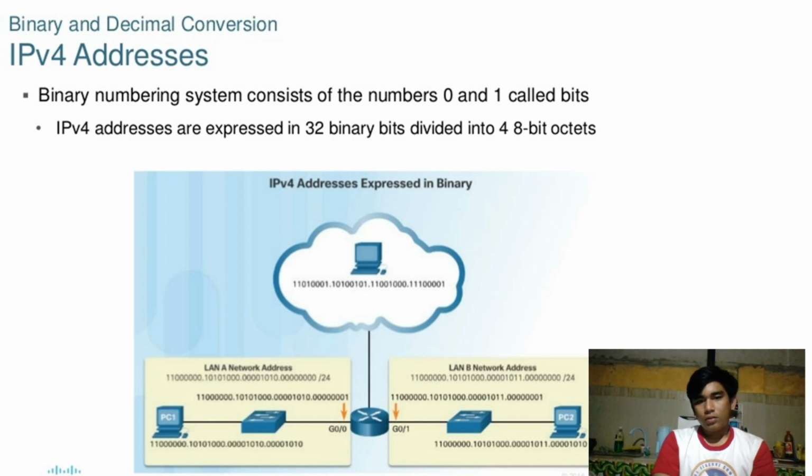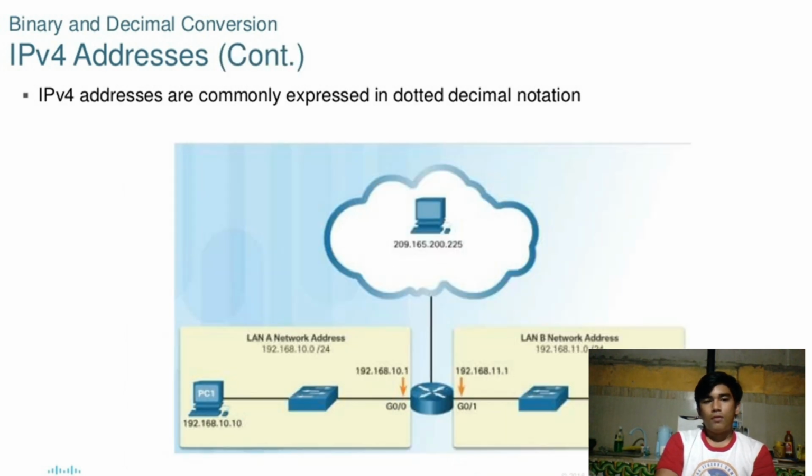In the picture, we will see the IPv4 addresses expressed in binary. Let's see what it is. That's the binary numbering system. IPv4 addresses are commonly expressed in dotted decimal notation.